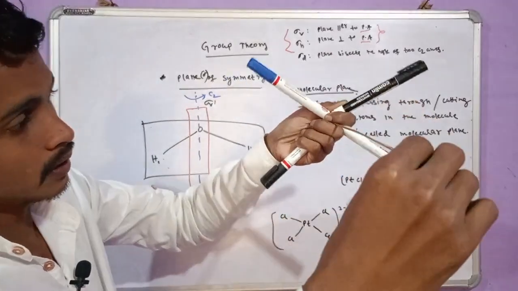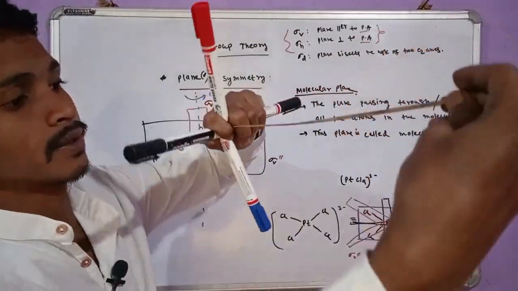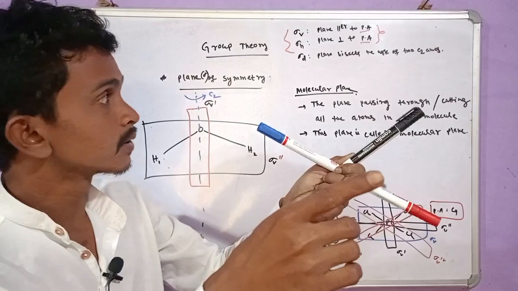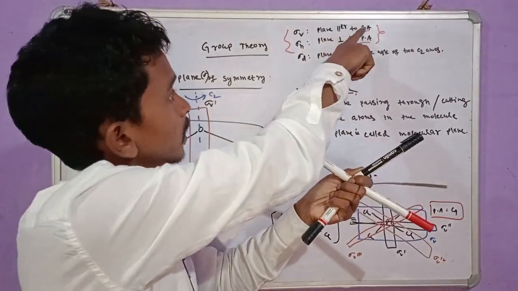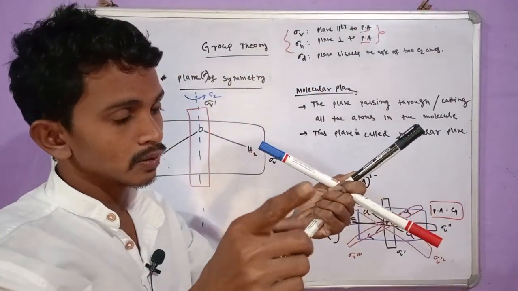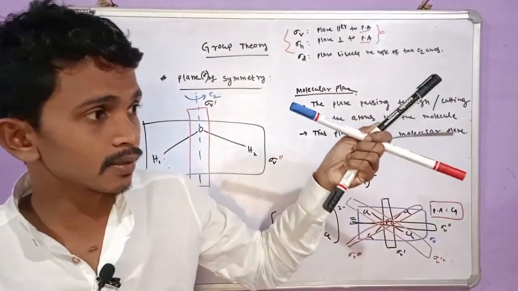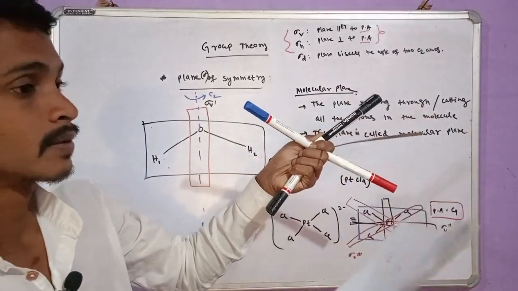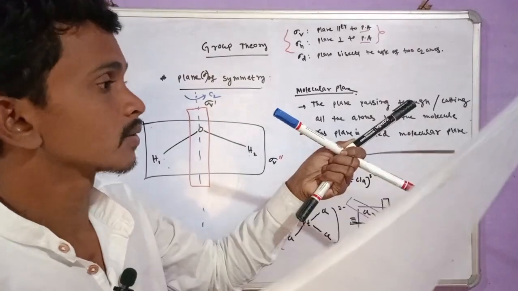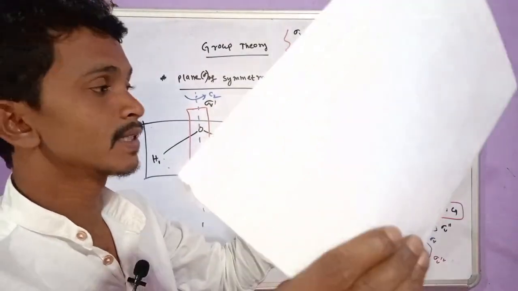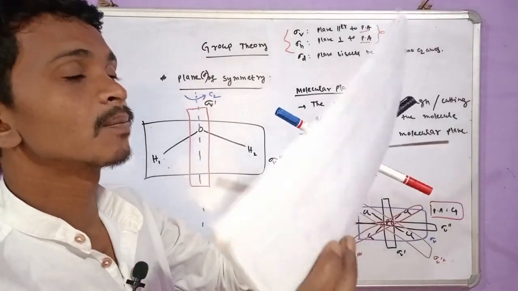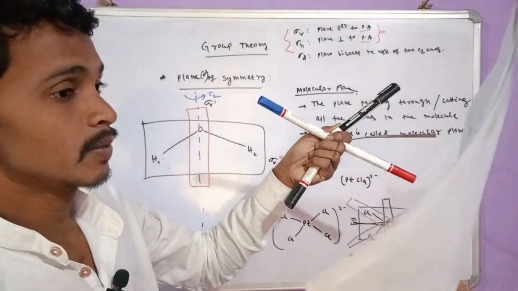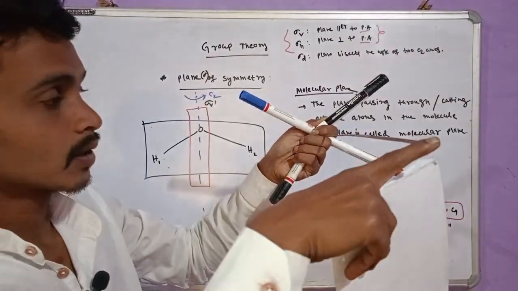If you rotate it, it will rotate like this. Now the planes which are parallel to the principal axis are sigma v. Here I take a mirror. Plane means any imaginary plane or mirror, because the plane should also reflect. So I take the plane as a mirror here.